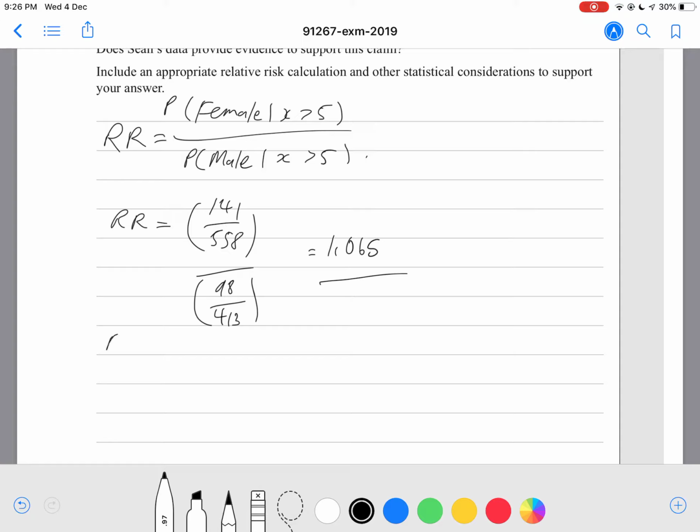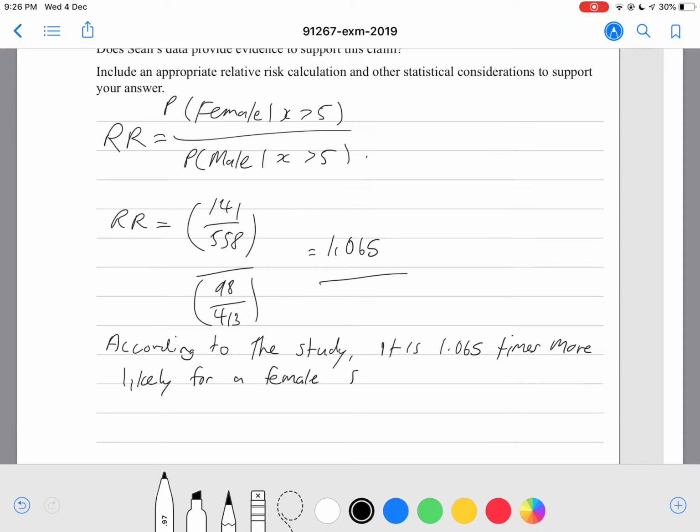We could say, according to the study, it is 1.065 times more likely for a female student to have a heavy bag than a male.